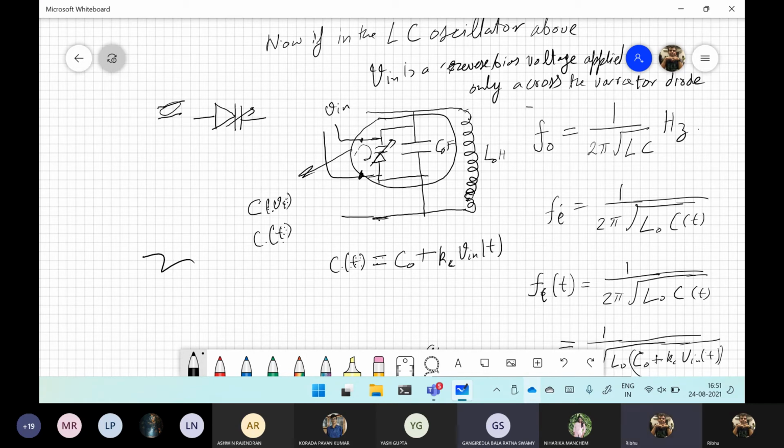Yeah, that was the next point that I was coming to. But before that, let me look at the circuit diagram from the book. Maybe I'm missing something. No, this is absolutely the same thing that this guy has drawn.